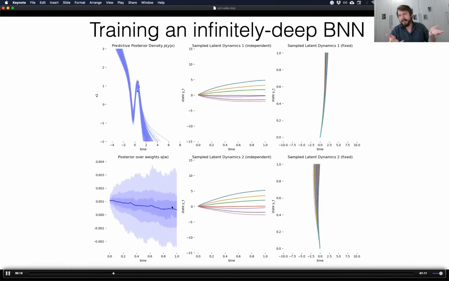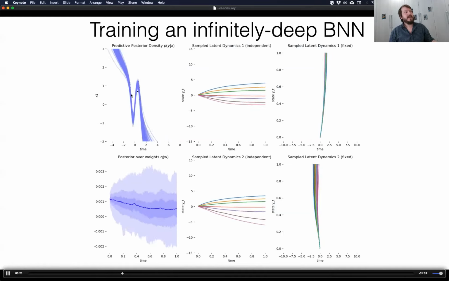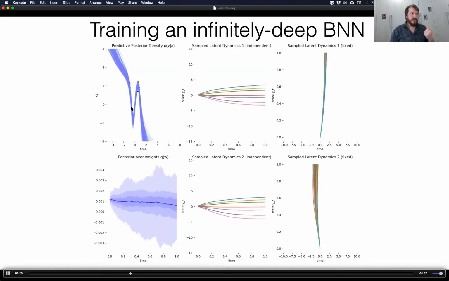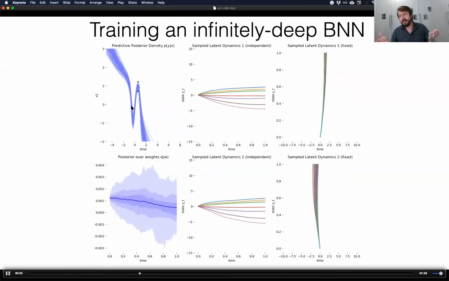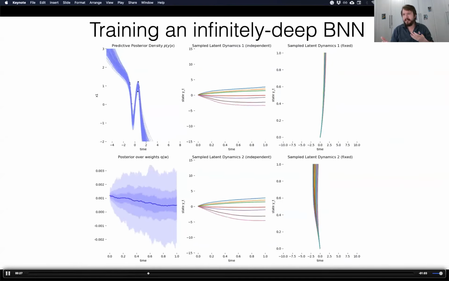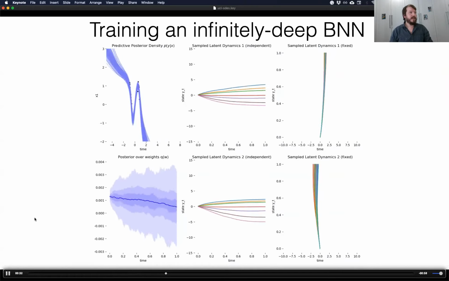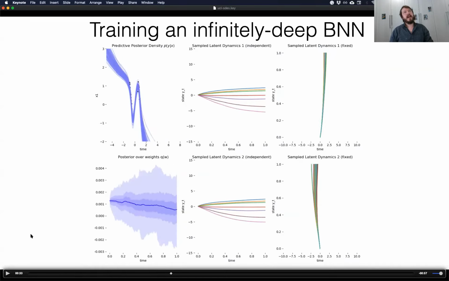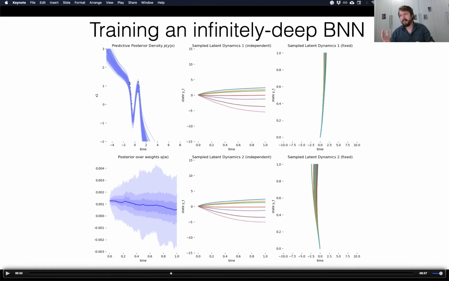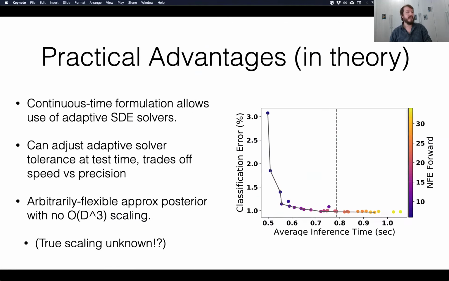This is just a for-fun demo to say, now we have a Bayesian neural network where we don't have to have a Gaussian approximate posterior or build some normalizing flow and worry about the trade-off between number of parameters and cubic blowups. We just have this SDE solver that adapts the complexity in a more automatic way.